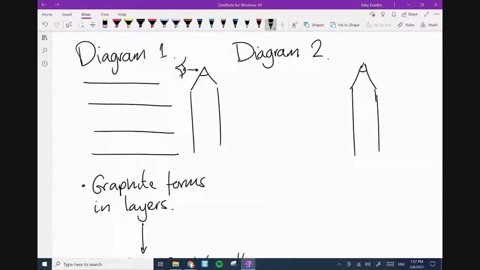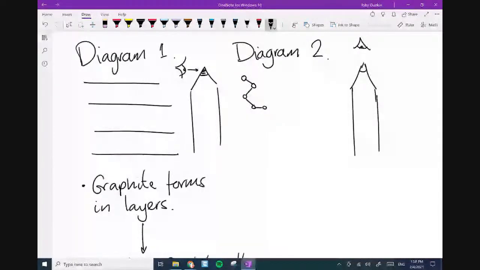So instead of looking at it from a sideways view and seeing the layers in graphite, we're going to look from above, directly down on top of one of those layers. And this is where we're about to see the carbon atoms. So here's what it looks like. There's a carbon, there's a carbon, there's a carbon, there's a carbon.